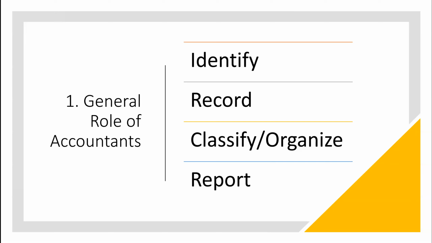And there are some special journals that we will talk about at some point. We briefly mention that they exist here, but we're not going to talk about their role quite yet. So we record. Then we classify and organize. We do this by taking the entries out of the journal and putting them into what we call the ledger. And the ledger is just a book of all the accounts that exist within that company.